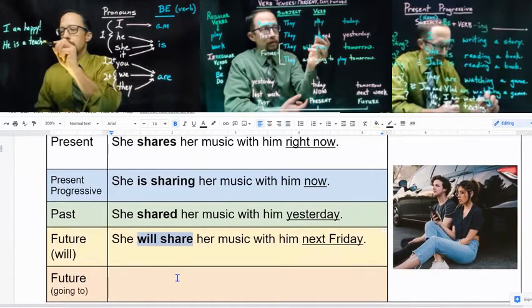Let's do the next future. She, and remember, she is 1 person, so we say she is. We had going to share her music with him. Let's do an easy one, tomorrow.